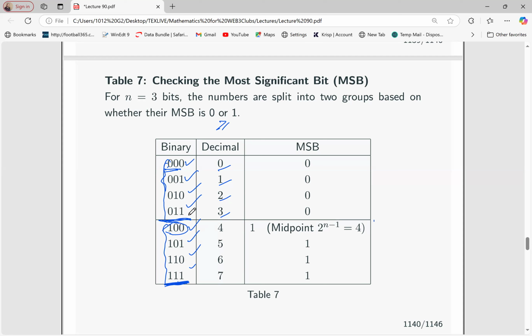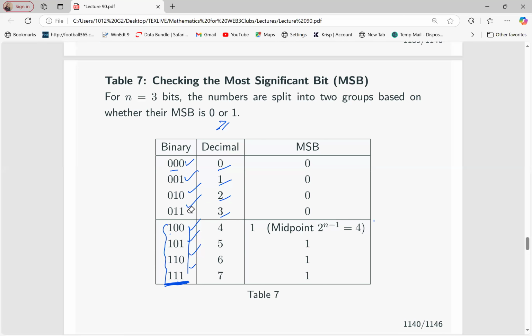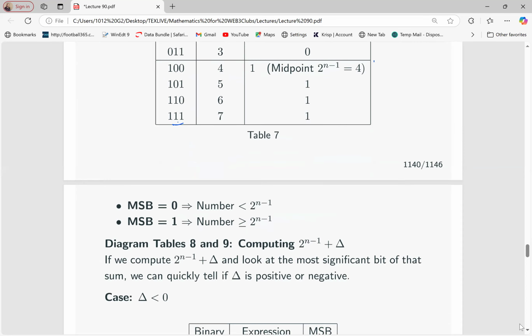From the midpoint, we can see which one is greater here by just looking at them, and which one is greater here, by looking at the most significant bit. But I'll share these notes, you look at them, and then see how we come up with greater than or equal to in binary.